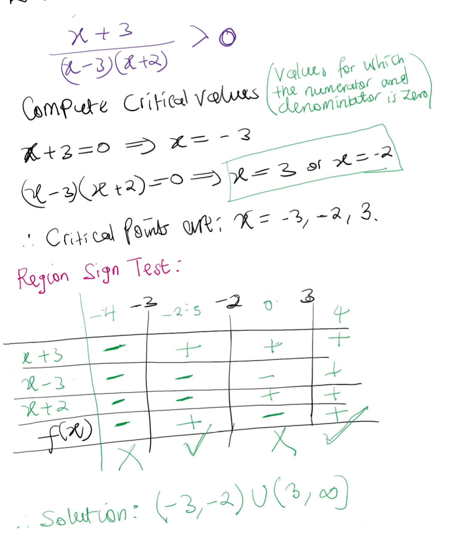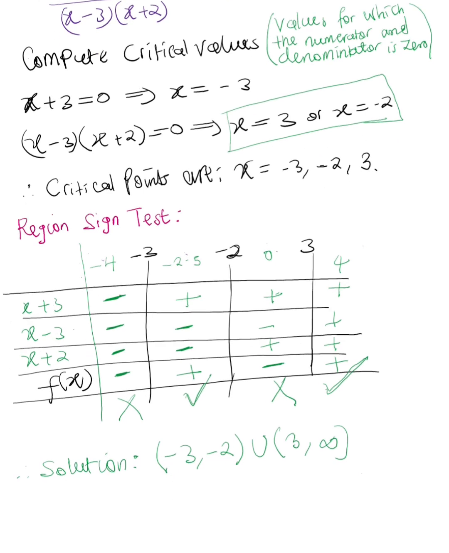Between -2 and 3, it's negative. And then after 3, you have positive again. So meaning that the solution set are the values that are between -3 and -2 and between 3 to infinity. Now observe that these are open parentheses. Why? Because this is strictly greater than. So I am not including the endpoints.